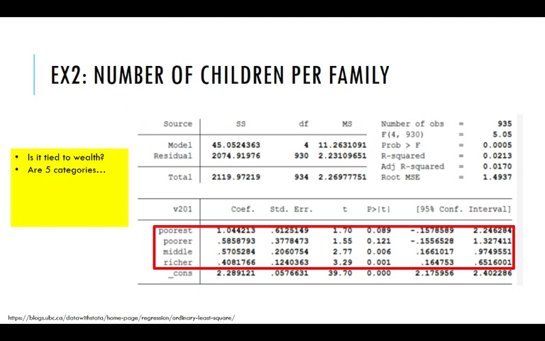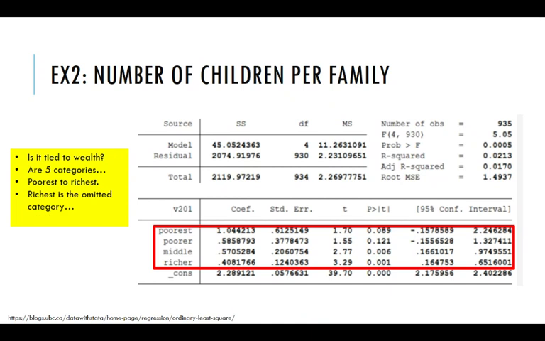And so this author used a categorical variable in this example to capture the different wealths. So 5 categories: poorest, poorer, middle, richer, and then richest was the 5th category. So richest is the omitted category.